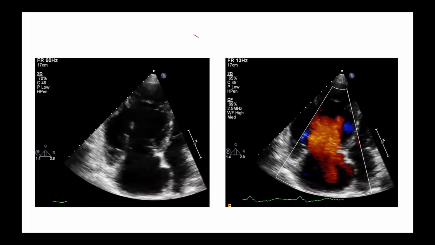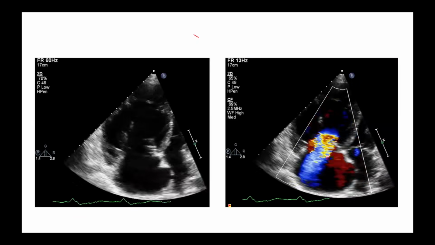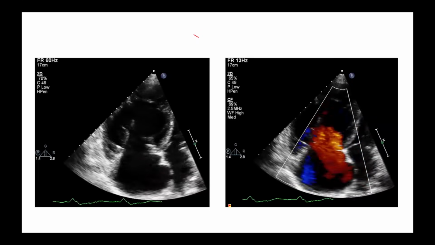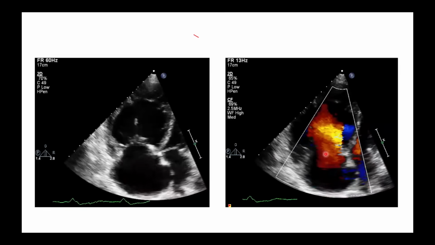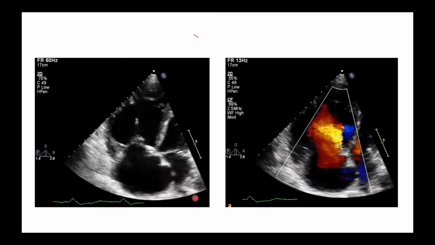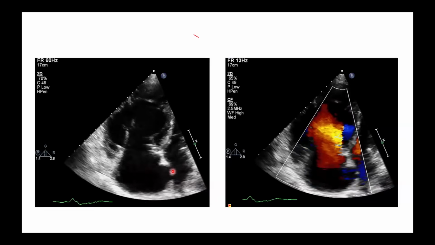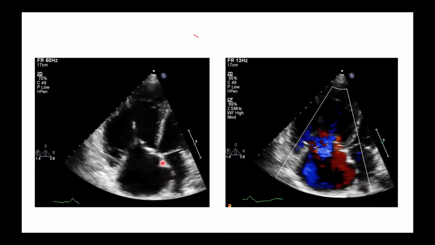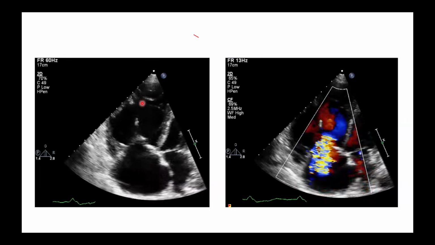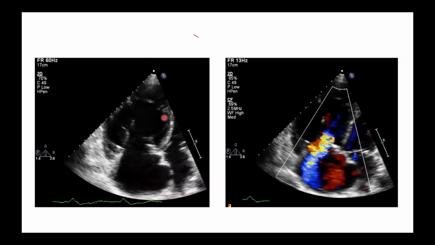Sorry about that. Let me play it again. So here you have your RV focused apical four chamber view on the left with your color Doppler on the right. A few things here. Notice how dilated the RA is, and notice how the interatrial septum is bowing very significantly into the LA. You can see how dilated the RV is itself, both the basal diameter as well as the mid diameter.